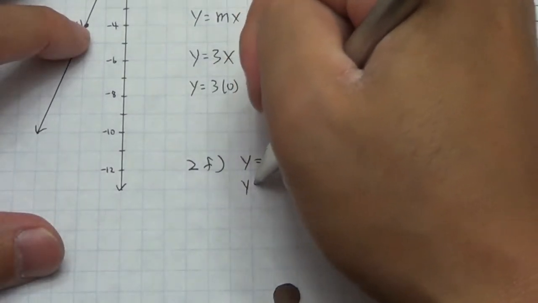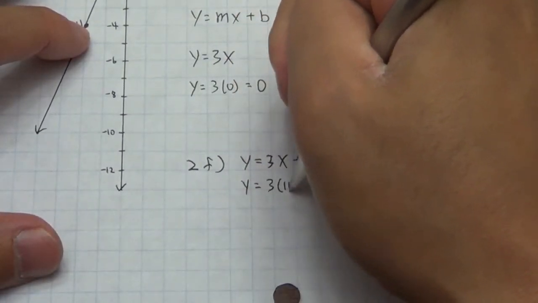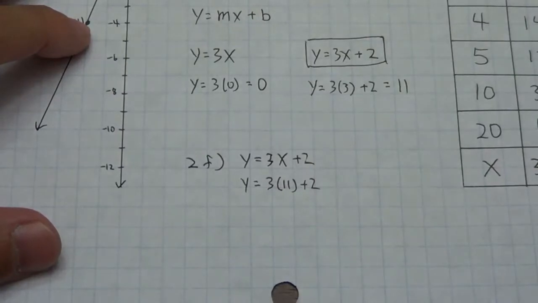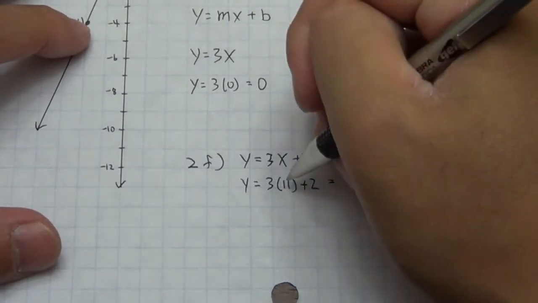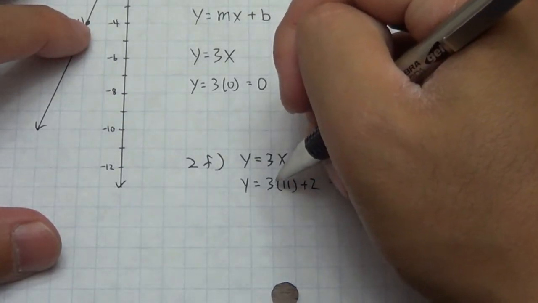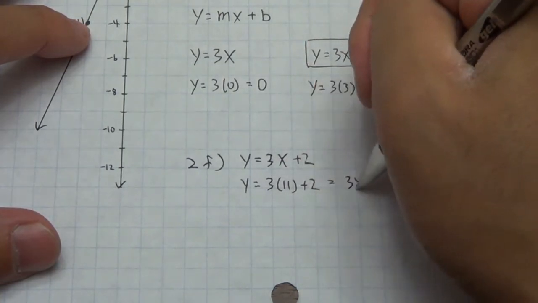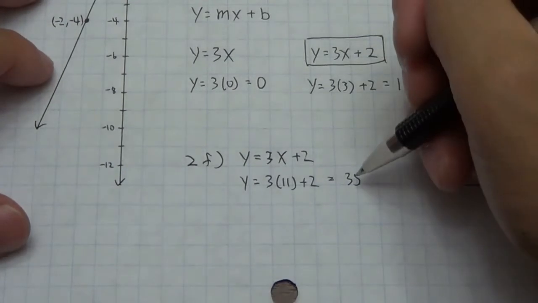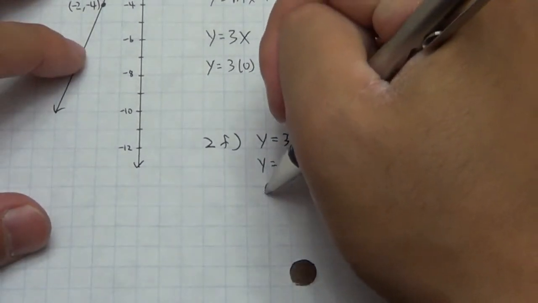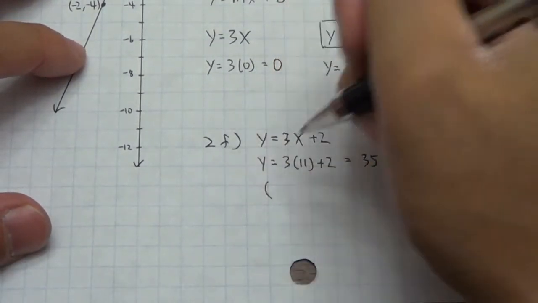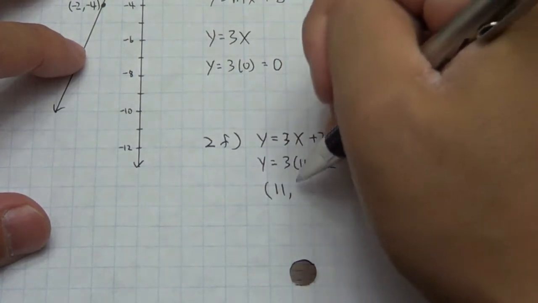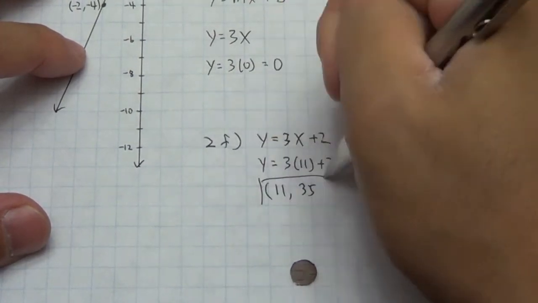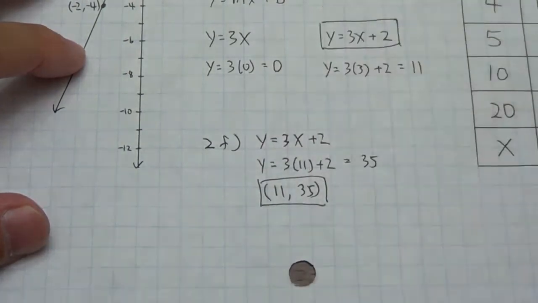If x equals 11, y will equal 11 times 3, which is 33. 33 plus 2 equals 35. So the y coordinate is 35, but it wants us to write it as a point. So we need (11, 35). Oops, forgot the close bracket there.